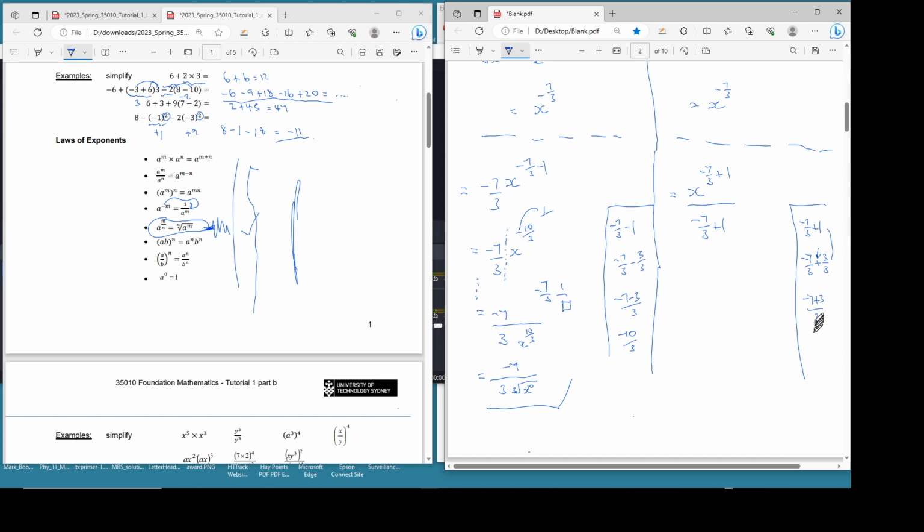Now we've got the same family, so we can just put them together. Minus 7 plus 3 is going to be 1, 2, 3, 4, 5, 6, 7. And we're going to plus 3 now. So 1, 2, 3. So it's negative 4.